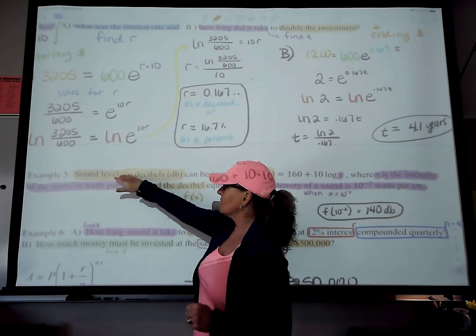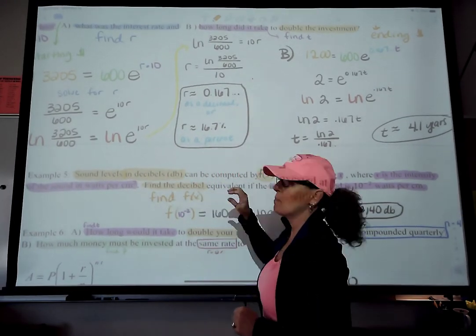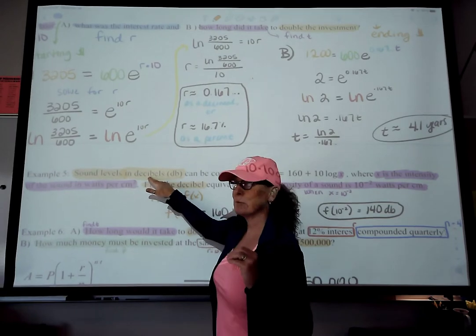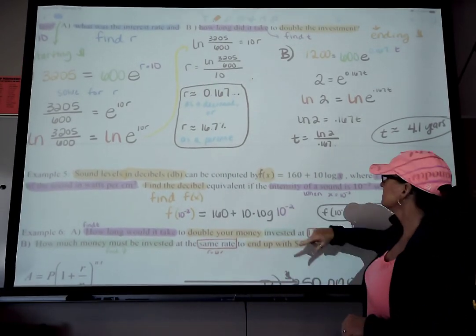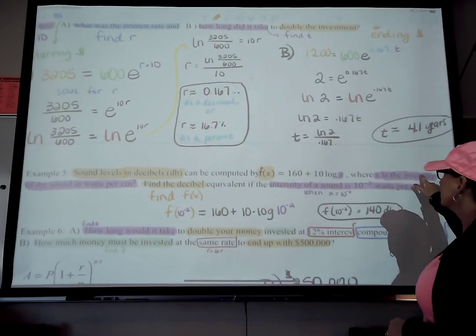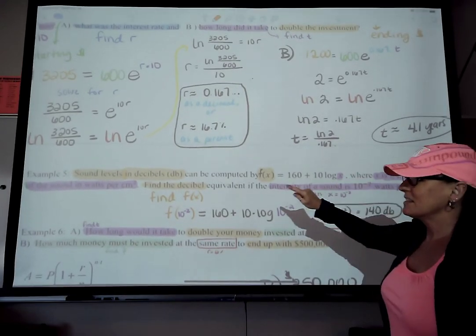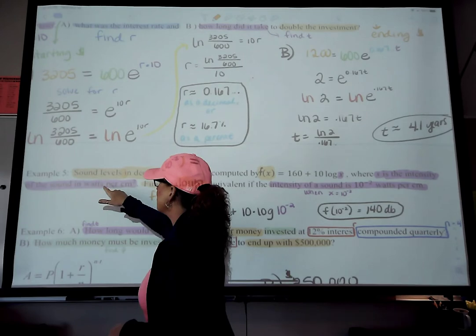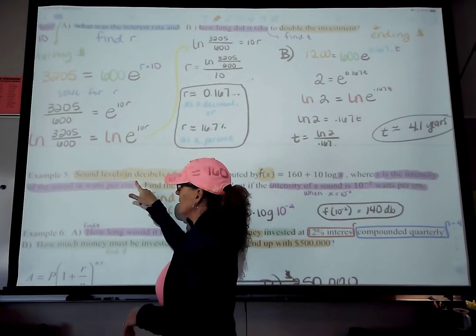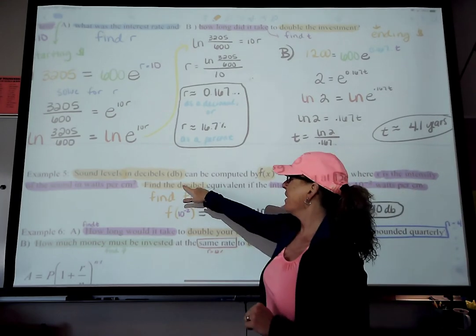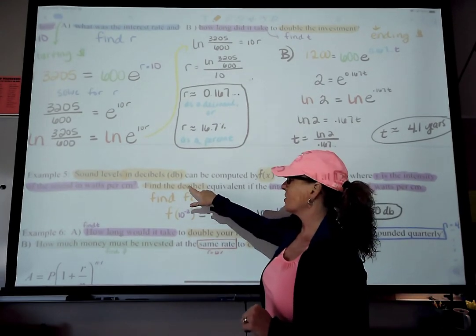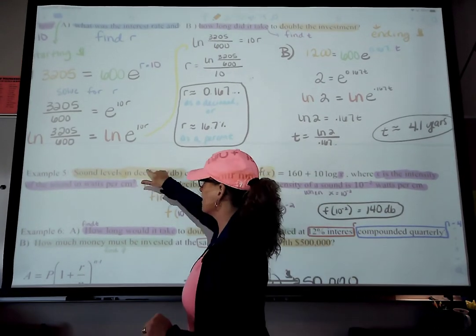Sound levels measured in decibels is f of x. X, right here, is the intensity of the sound measured in watts per square centimeter. Find the decibel equivalent, so this matches this.